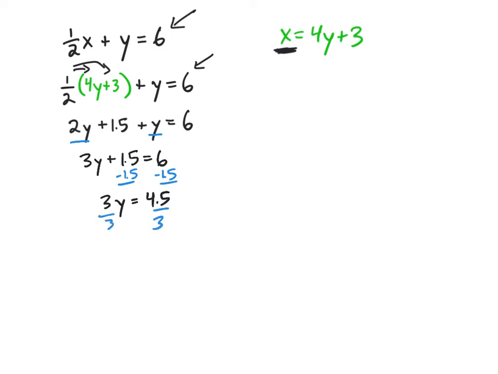Divide by 3, use your calculator if you need to, but if you have 4.5 cut into 3 chunks, that would be 1.5. Watch when I go to my point now that I'm writing the y in the y spot, not in the x. So it's not guaranteed I always get the first part of the point.